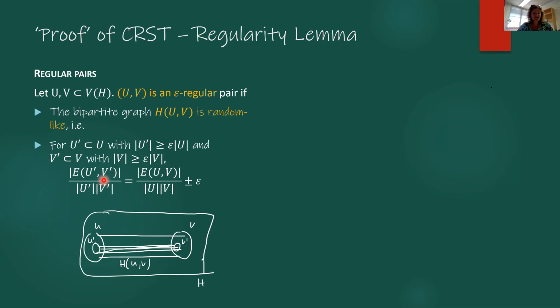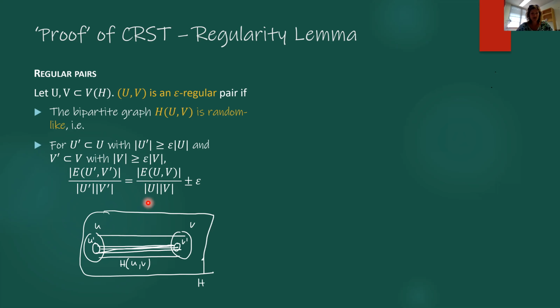And when I say reasonably large, I mean that U prime and V prime need to have size at least linear in U and V, so a positive proportion. That means that we can't control small vertex sets. So we can't say anything about single vertices, but we can say something about linear sized sets. And why do I call this random-like?